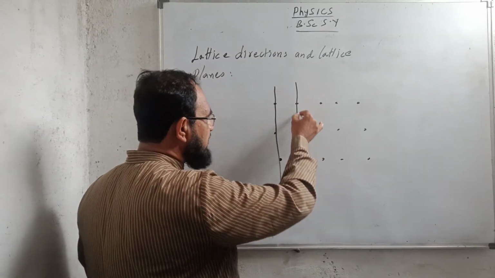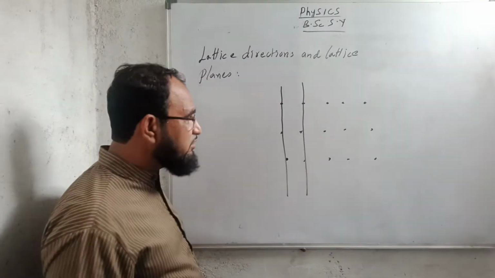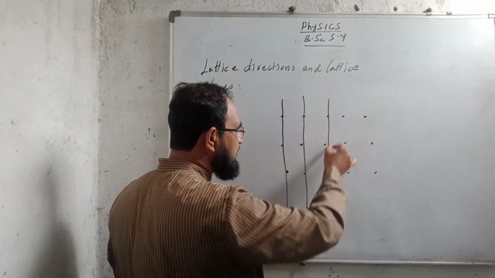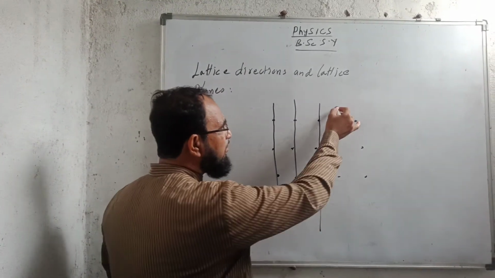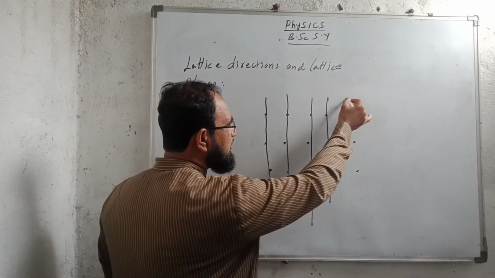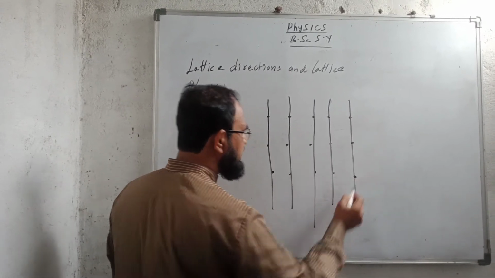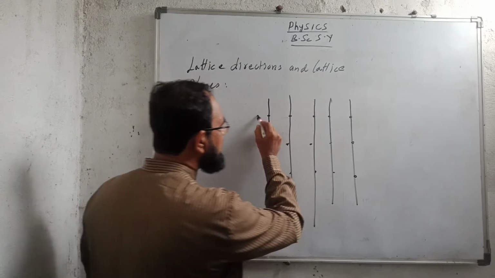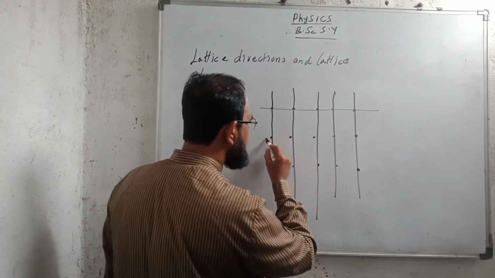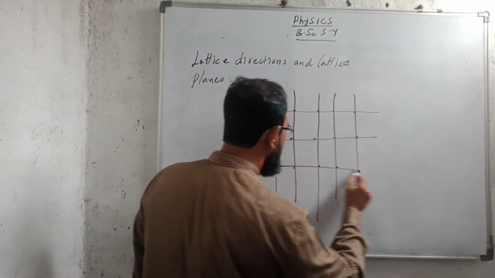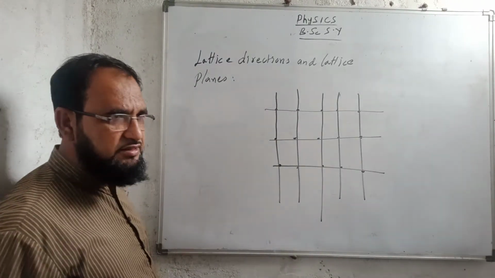Similarly, there may be another plane drawn in this direction, a third plane in this direction, and all these planes are known as the lattice planes. We can also draw the planes here in this direction. These are also lattice planes.